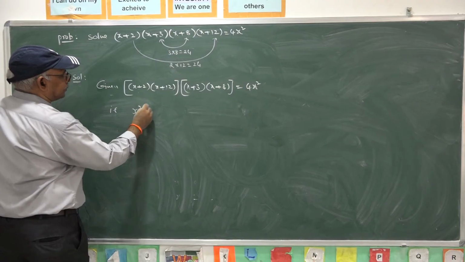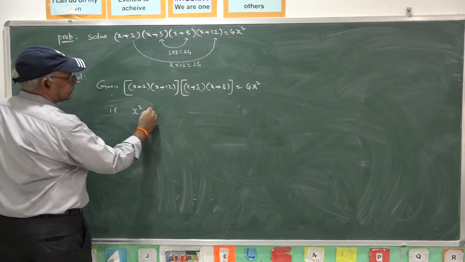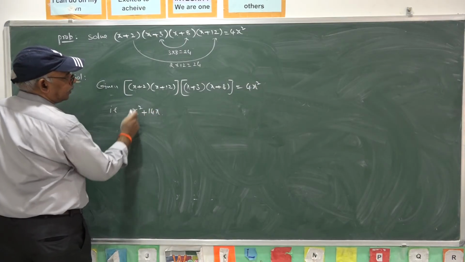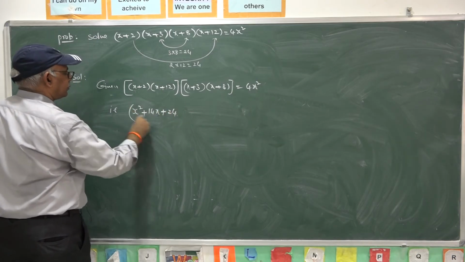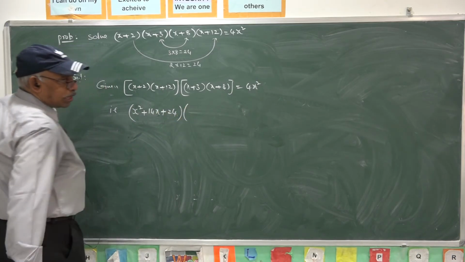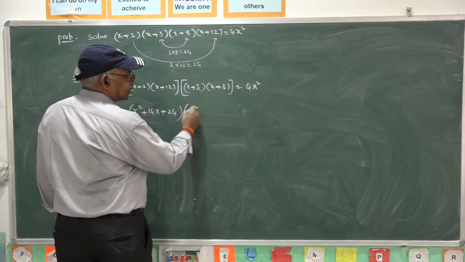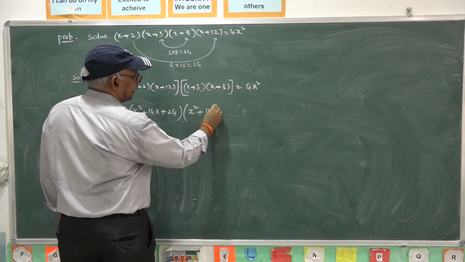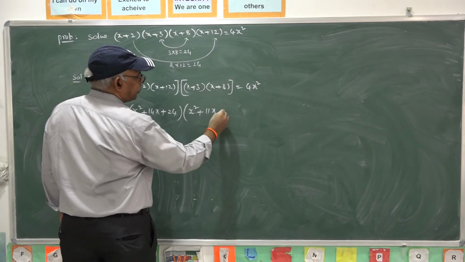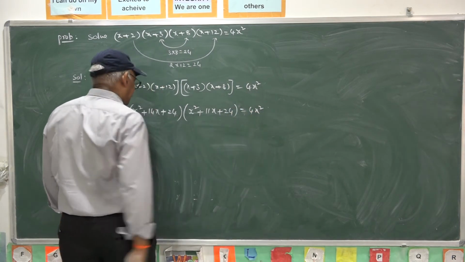Multiplying these two factors, x square plus 12x plus 2x, which gives us 14x, plus 2 into 12, 24. This is one quadratic factor. And similarly, here is x square, 8x plus 3x, which gives us 11x, plus 8 into 3, 24, equal to 4x square.